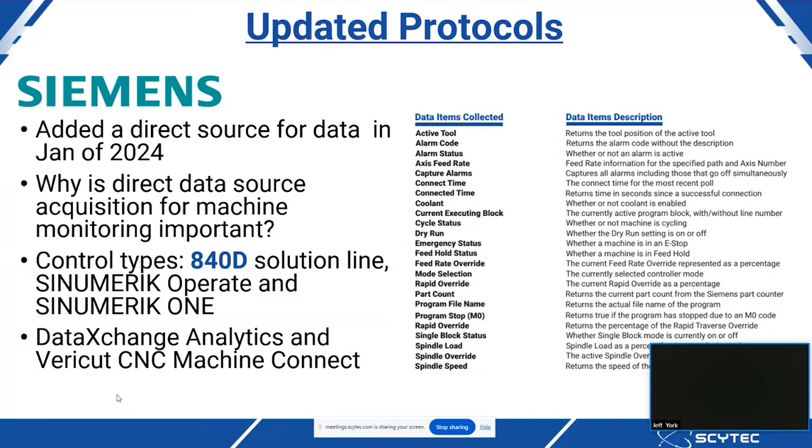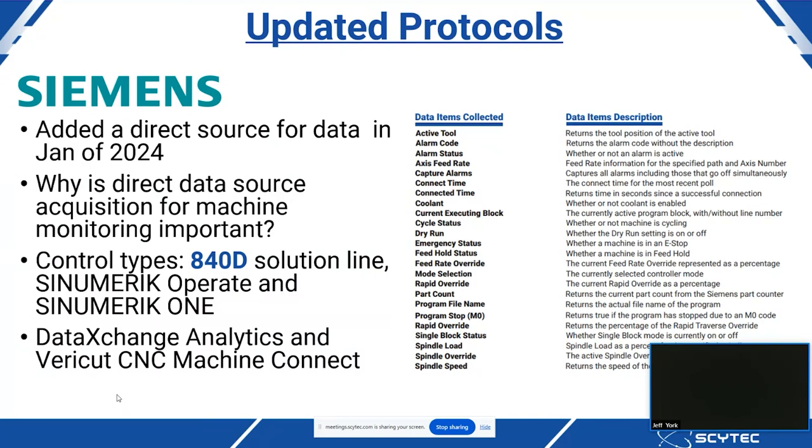But when we add these updated protocols to DataXchange, you get a lot of very in-depth information. When you add these protocols, you can pull a way richer set of information off than you previously could. So what we have here is a list of all of the different things that you can pull off of a machine with these updated protocols that go way beyond just is my machine running or not running. And this includes things like active tool. And you can see over on the right-hand side, we have a description of that.